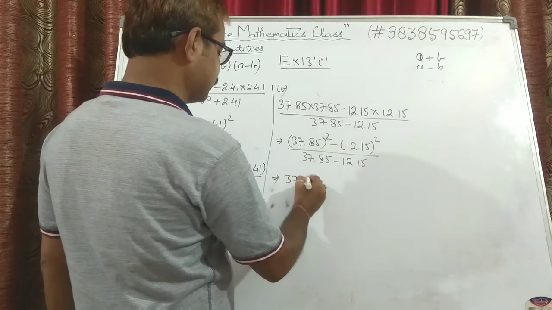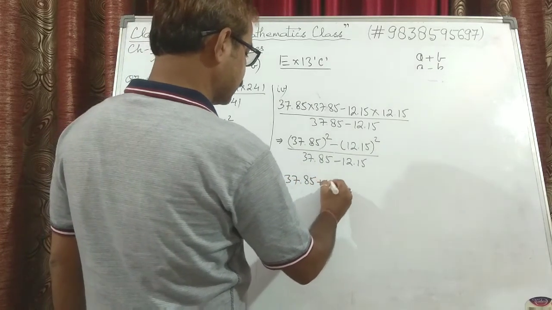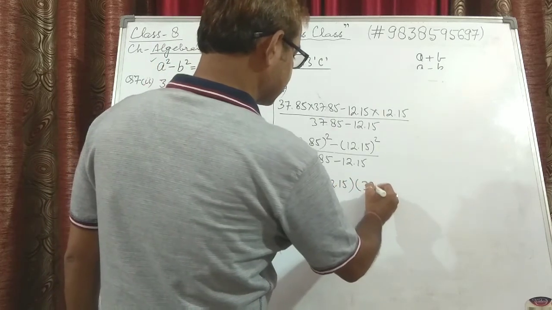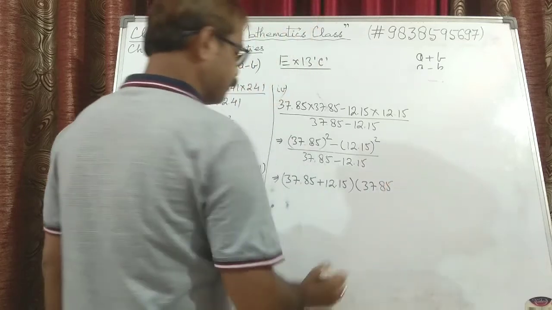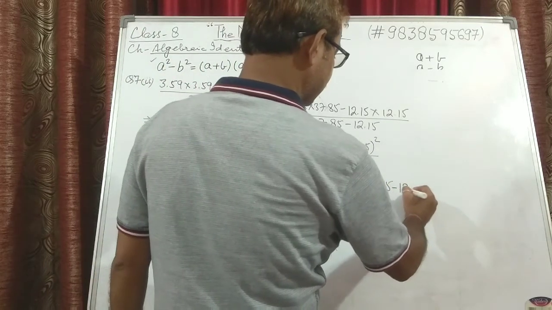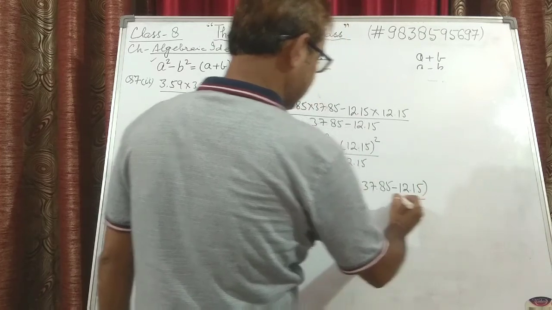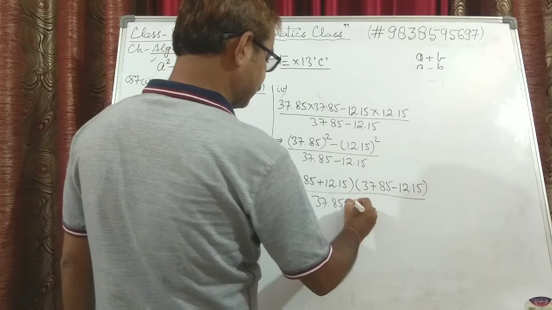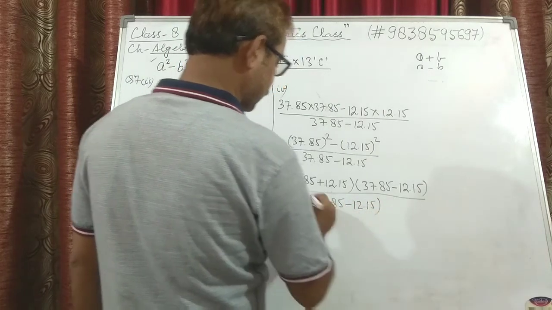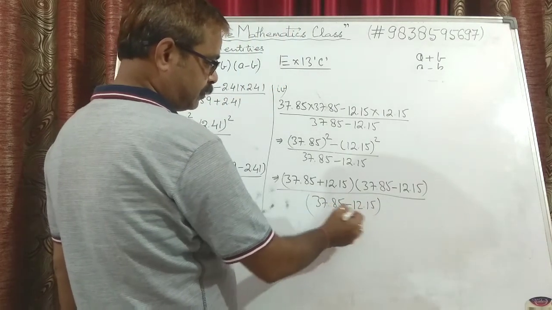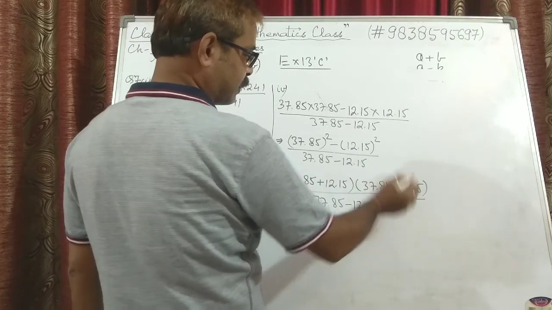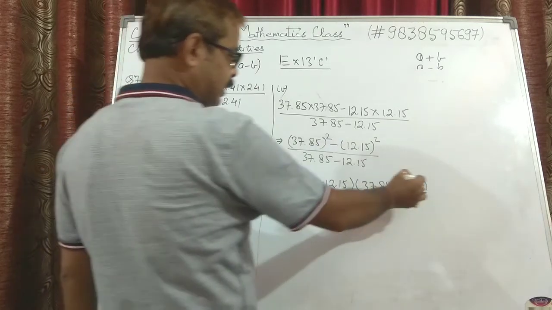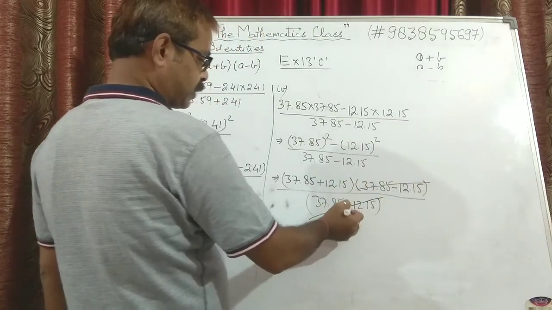That will be 37.85 plus 12.15, which is a plus b, and 37.85 minus 12.15, which is a minus b, upon 37.85 minus 12.15. Now whatever the value of this and this, both of them will be equal because the digits are the same, so we can simply cancel them as numerator and denominator. Numerator and denominator cancelled.